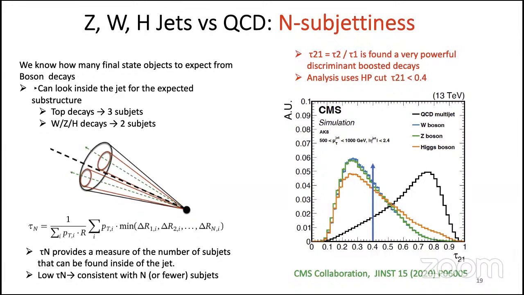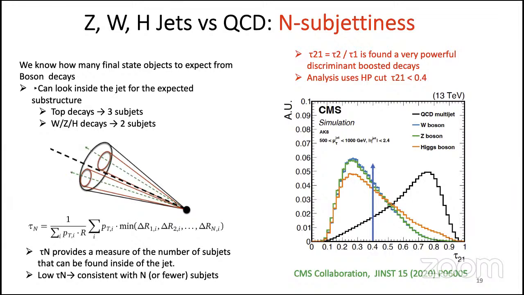So for that, we define this new variable, which depends on the pT of the subjets inside of the jet, and also depends on the distance between them. This variable provides a measure of the number of subjets that can be found inside of the jet, with a low value of this variable consistent with N subjets or fewer.